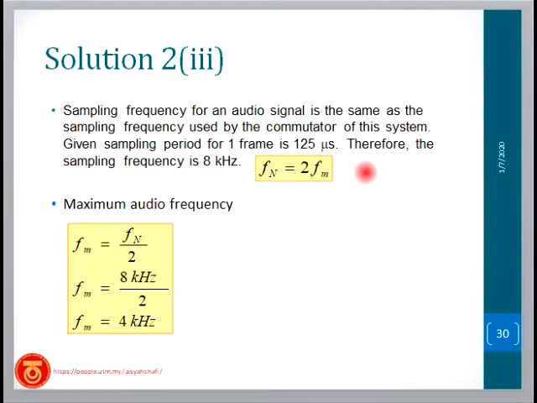Okay, the sampling frequency for an audio signal is the same as the sampling frequency used by the commutator. Given the sampling period for one frame is 125 microseconds, as I calculated before, therefore the sampling frequency is 8 kilohertz, because 1 over 125 microseconds gives 8 kilohertz.